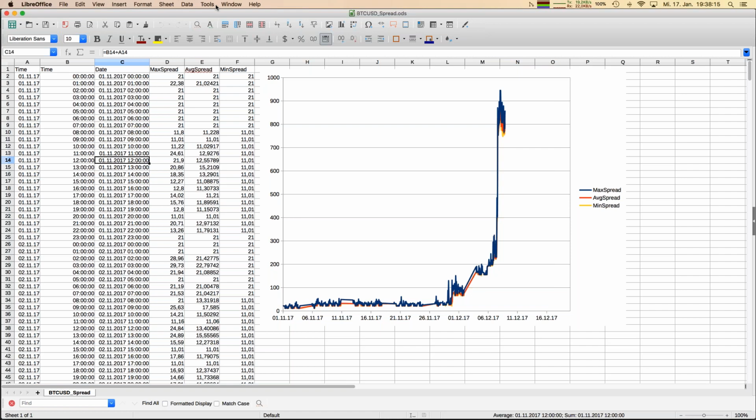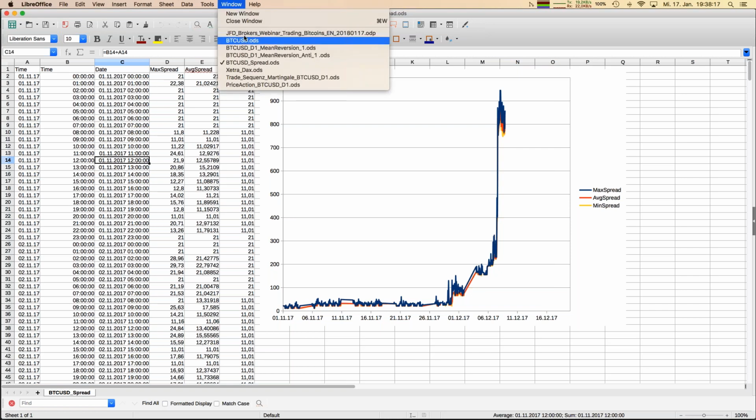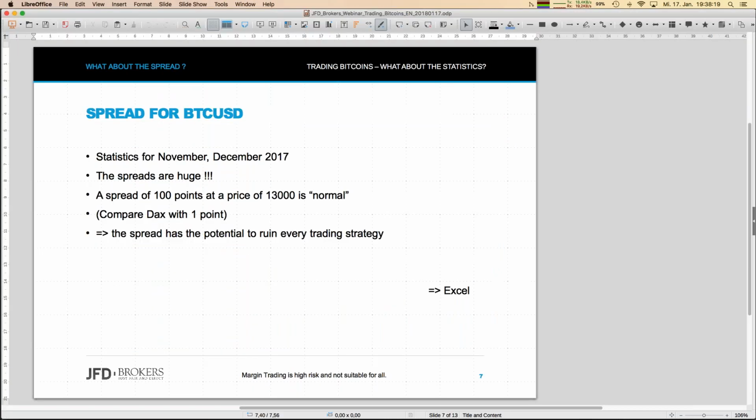That's simply my story. So we know about spreads, that's good. And it's always important to have a view on spreads when it comes to opening trades for Bitcoins. So we have to check when it's once again possible to trade Bitcoins. We have to check the spread because that has to be part of our trading activities and part of our calculations.